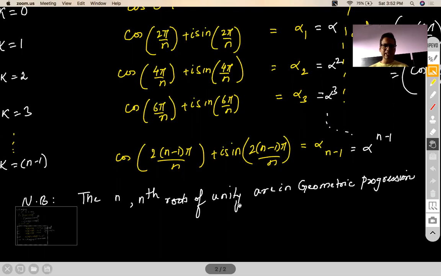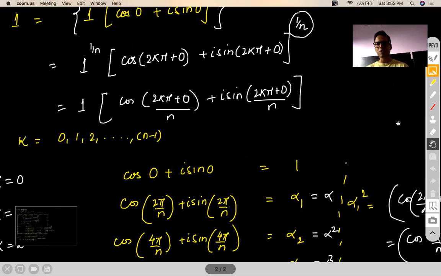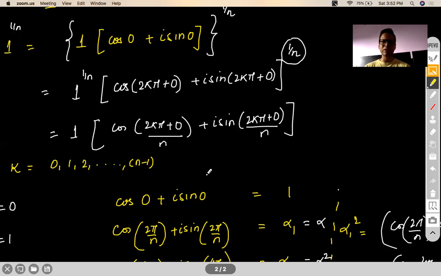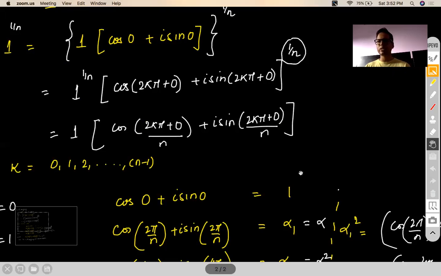So those who join late, first of all, a straight away warning: if you are missing out on the initial part, you are missing the plot. And if you're missing the plot, then for the plot to change, it will take half an hour or 45 minutes of the class. So you have to sit like a person who is not understanding anything for 45 minutes. Never join late. If your system is going for an update and you know it's going for an update, it happens in Windows.